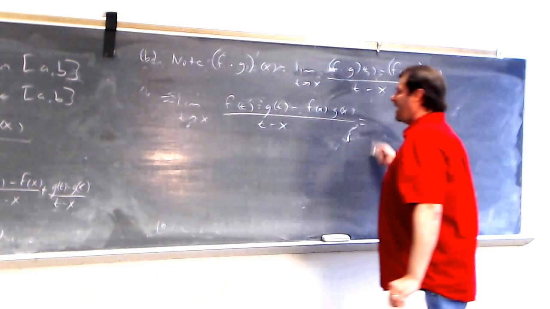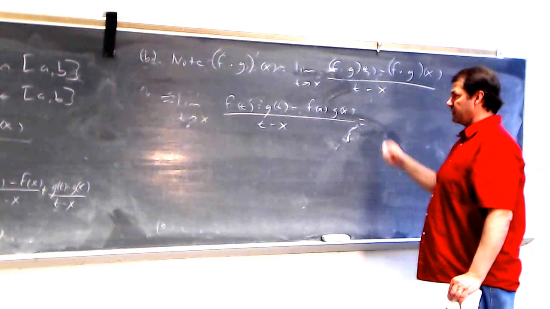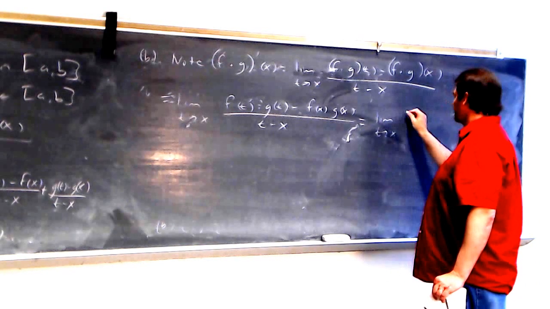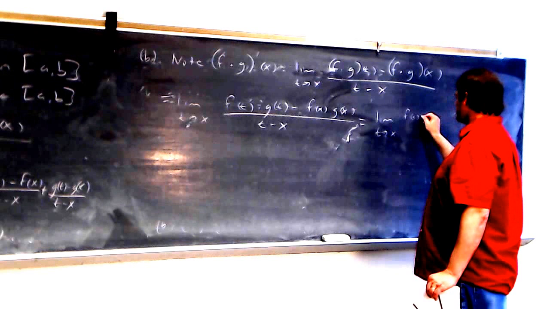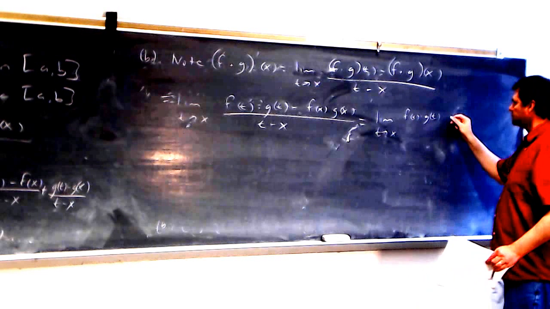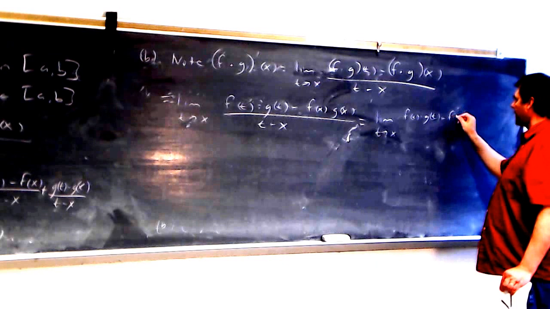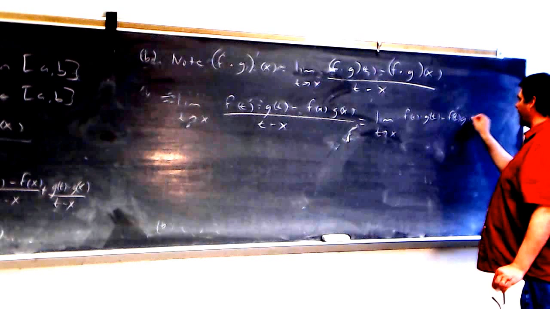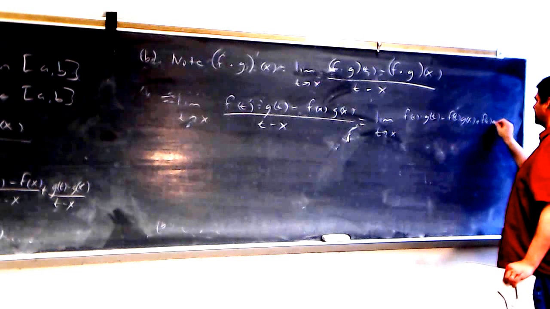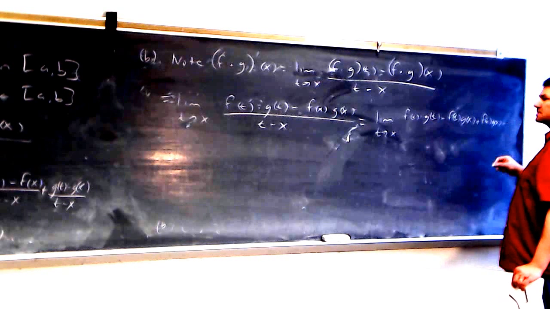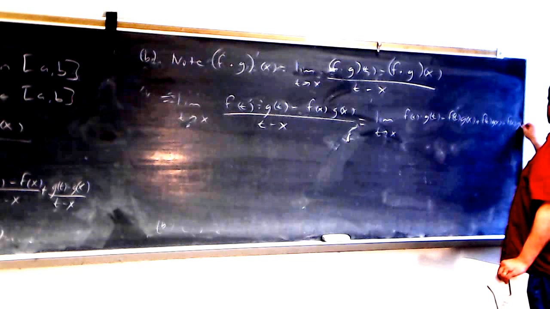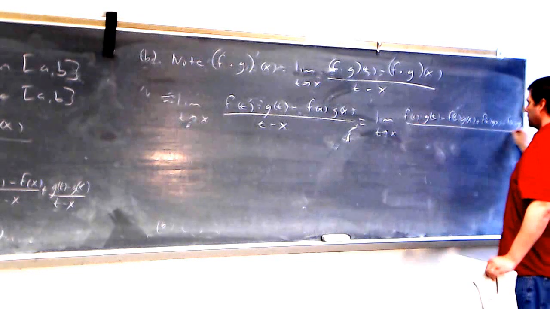What we're going to do is add and subtract the same thing from the tops to get the limit as t goes to x of f of t times g of t, and here I'll write down minus f of t times g of x plus f of t times g of x minus f of x times g of x, all over t minus x.